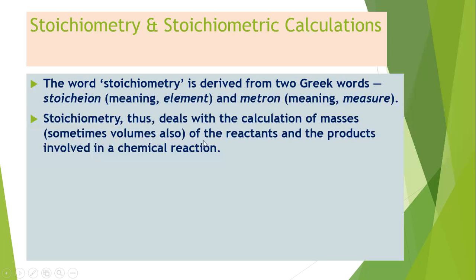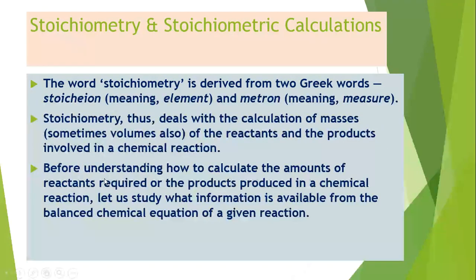Stoichiometry thus deals with the calculation of masses, sometimes volume also, of the reactants and products involved in a chemical reaction. Before understanding how to calculate the amounts of the reactants required or the products produced in a chemical reaction, let us study what information is available from the balanced chemical equation of a given reaction.